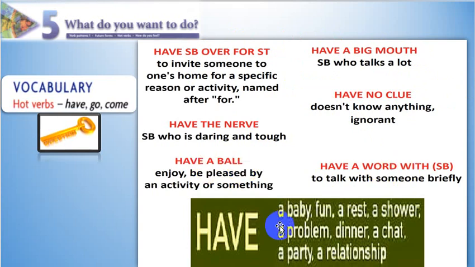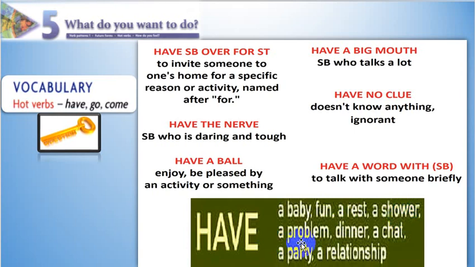Okay. There's also here in the green rectangle have a baby. Have a baby doesn't mean own or buy. Have a baby means give birth to a child. Okay. She had a baby. Have fun. Enjoy, to have fun, but it's just an expression. Have fun. Have a rest. Rest. Okay. Have a shower.